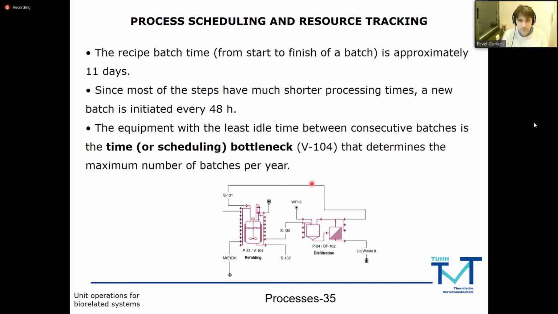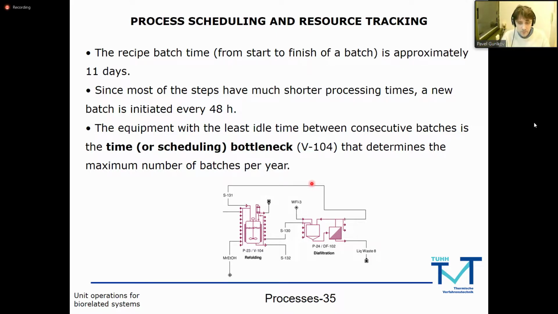We arrange the steps and ask: what is the processing time required for each and every step? Then we see that the step with the highest occupancy is the refolding process and diafiltration, because we concentrate and send the solution back over here. The maximum number of batches is determined by this.